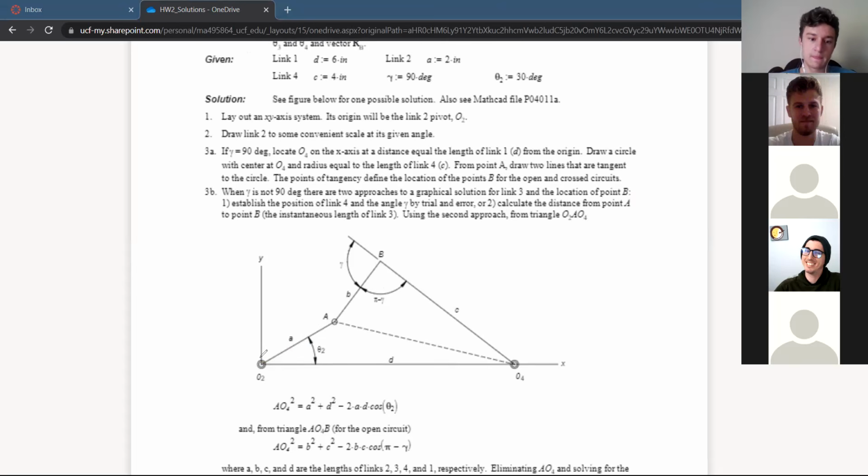You have your link. I guess this is your link 2, if you call the ground link your link 1. And then that's your other link. I guess I should have done those in different colors.